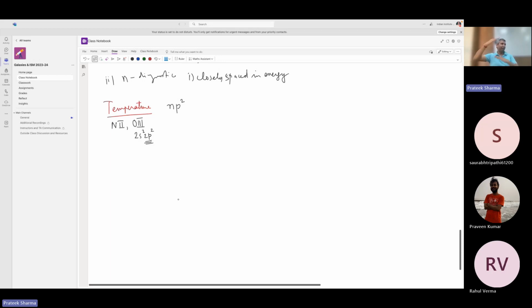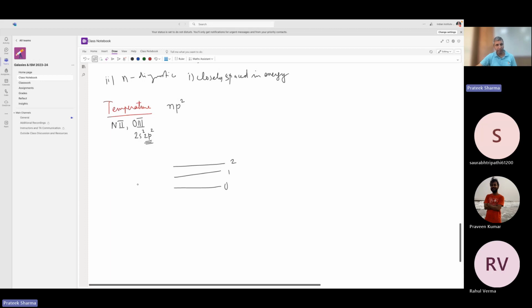Once you follow the atomic physics rules, you can create these energy levels. For this np2 state, the energy levels look like this: 0, 1, 2.